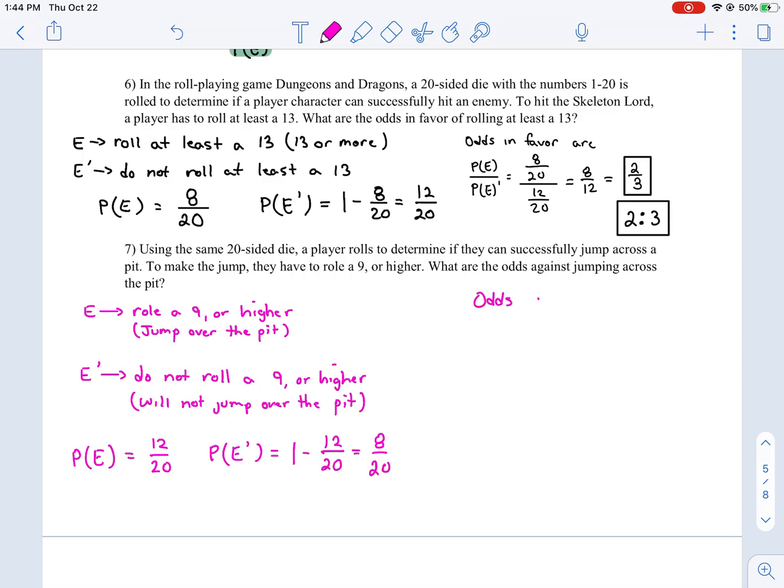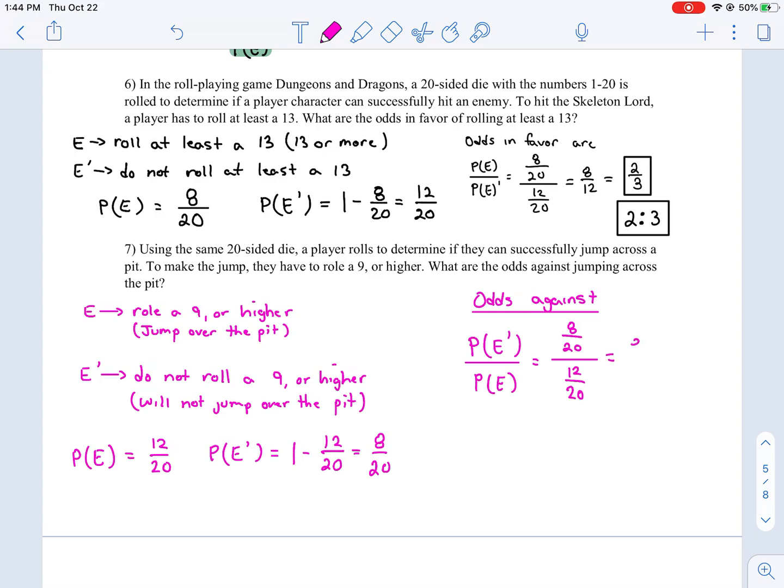So the odds against are the following. Probability of E's complement divided by the probability of E, which in this case will actually be the same as the previous problem here.